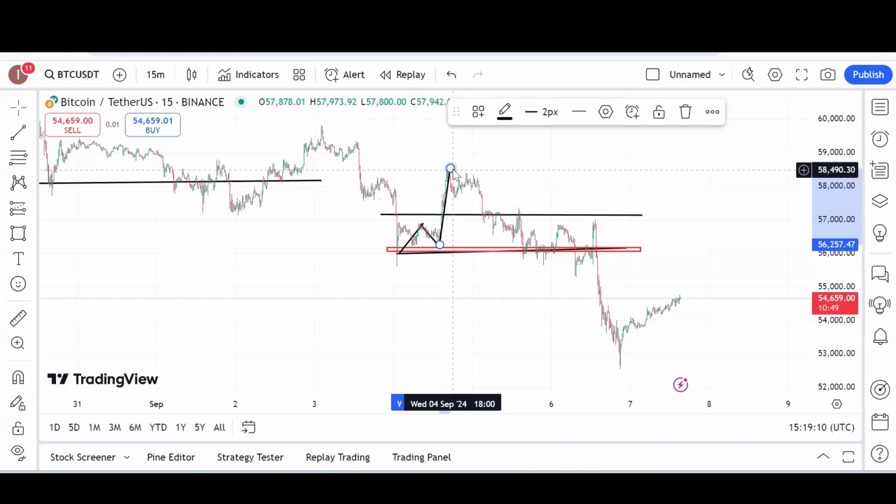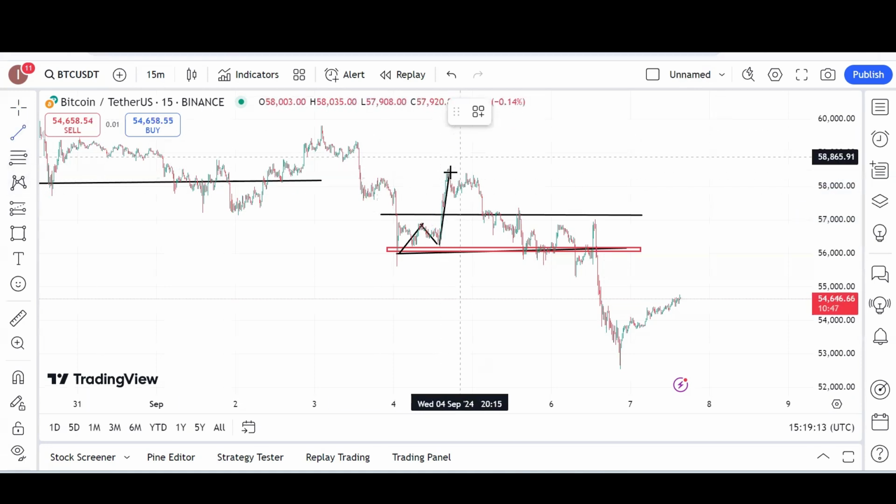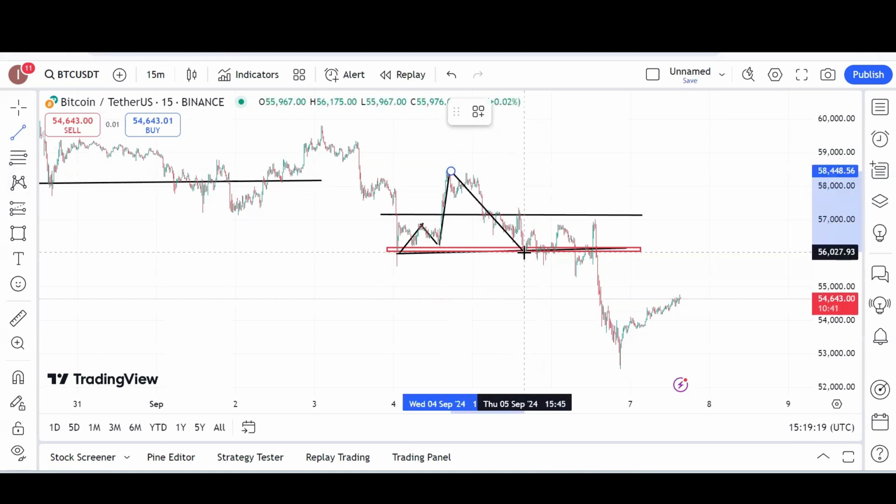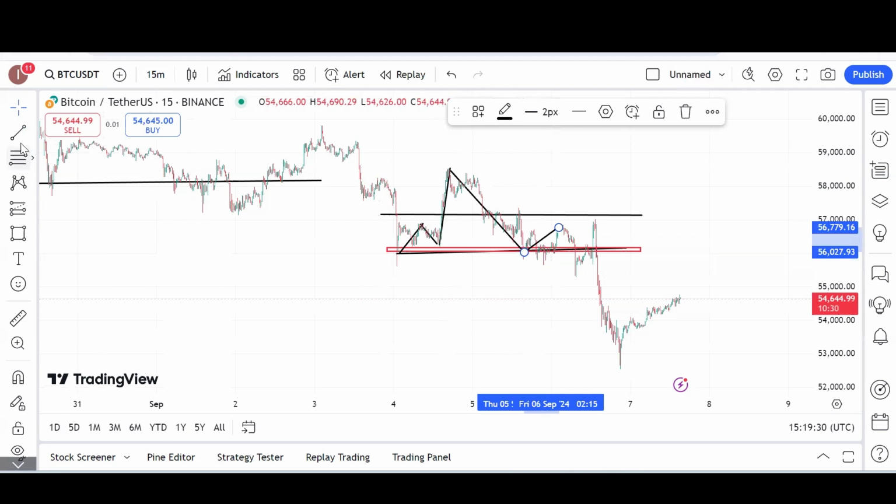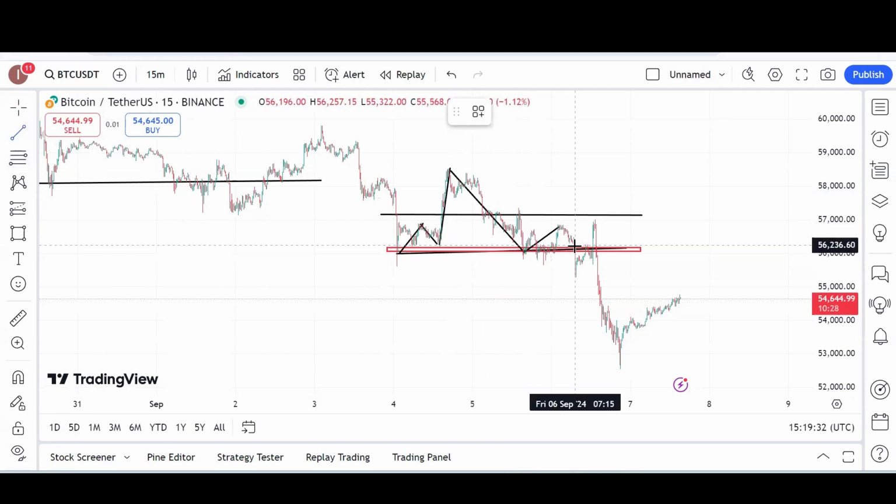Now it tests its support again, but the support breaks and it goes to the old support level at 56,027. It bounces back from this point to 56,779 and hits again, but it is a consistent support and it bounces back.